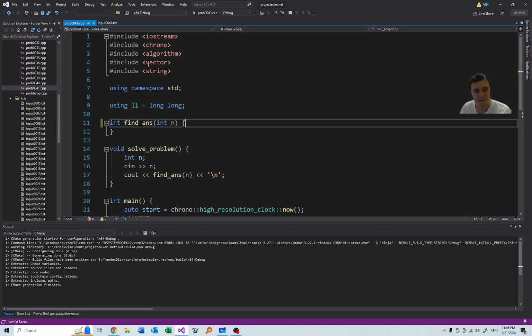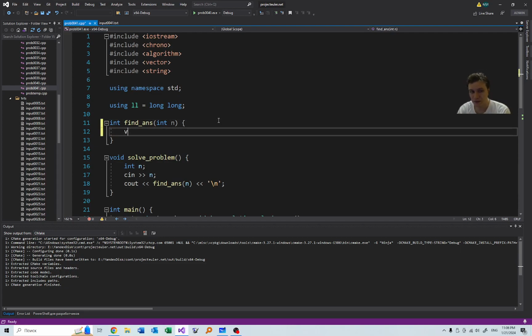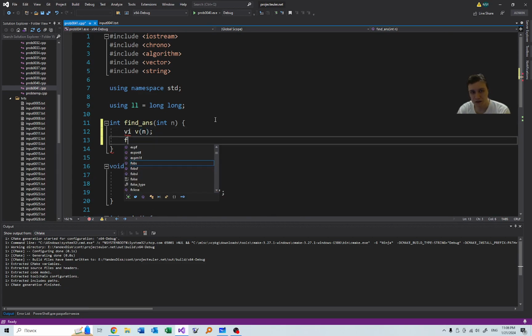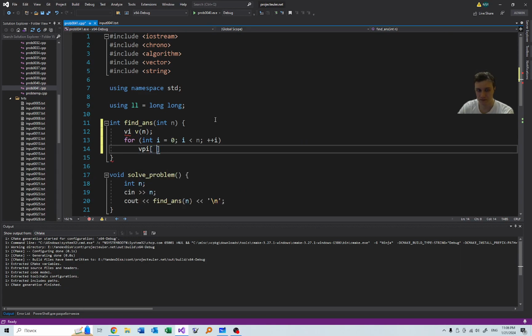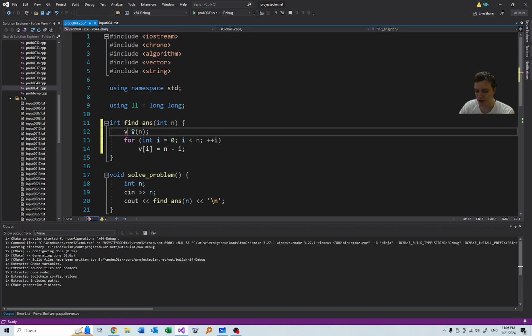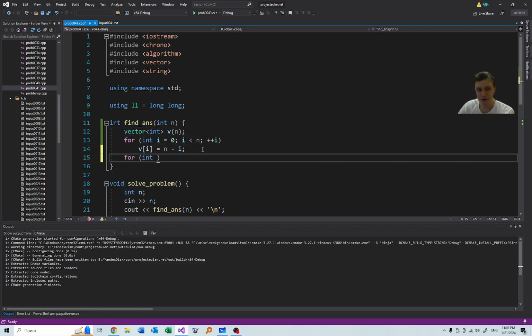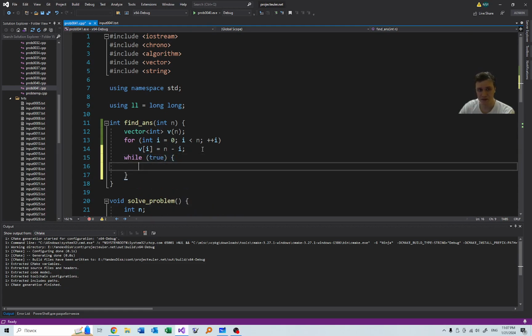7, I said. So let's go. So we take vector int v. Instead of vi we should take vector int. Then we go through all numbers. So like while true, I guess.